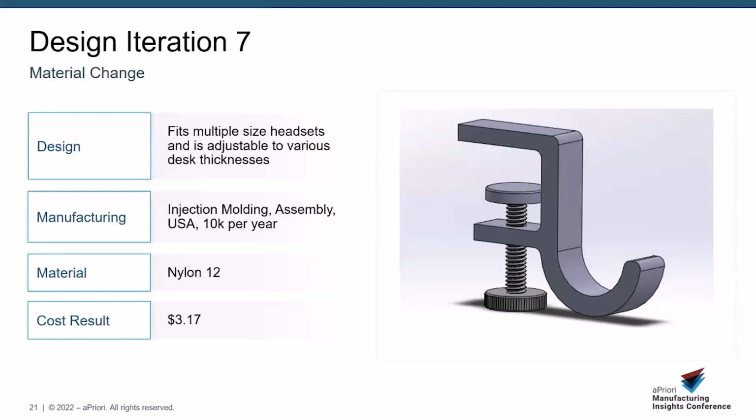Because we can run quick design iterations in AP Design, let's try some alternate materials. We know from our previous iterations and analysis that nylon 12 is a suitable material for the weight requirements for the design, but we shied away from that because it looked like the material cost itself was significantly more expensive than ABS. But let's run some iterations and take a look at using nylon 12 in our latest design iteration.